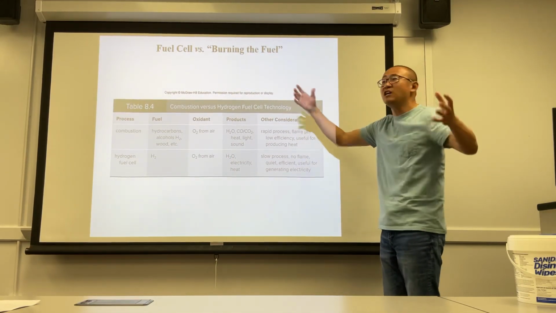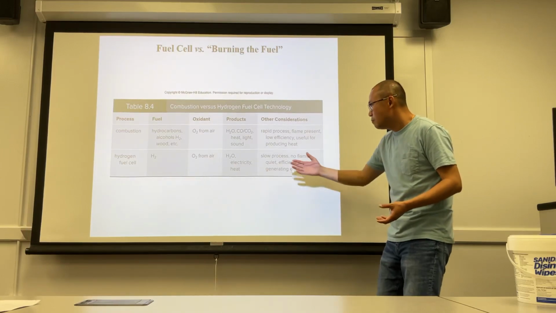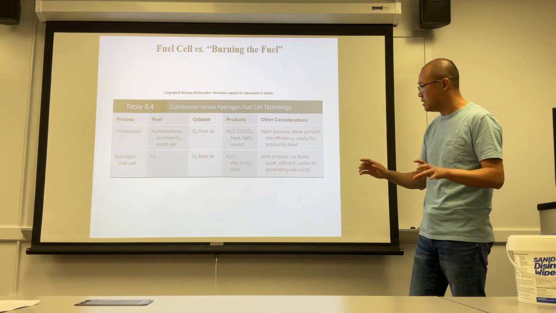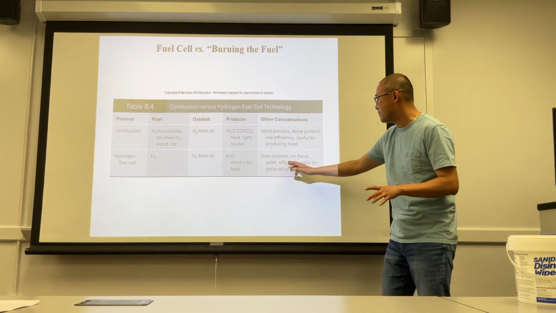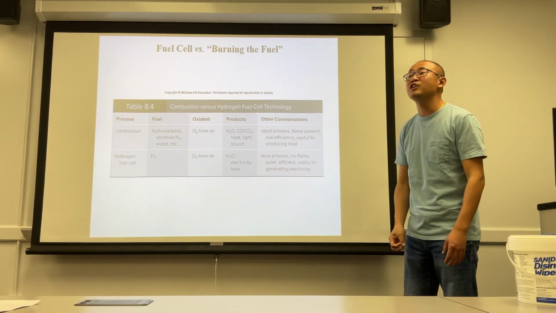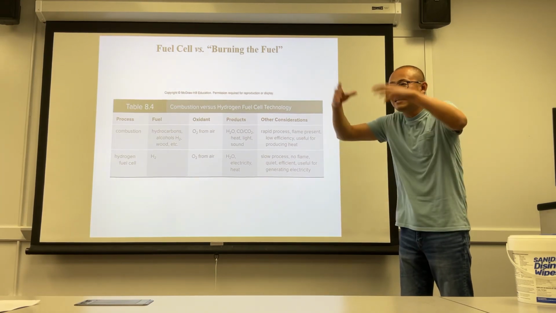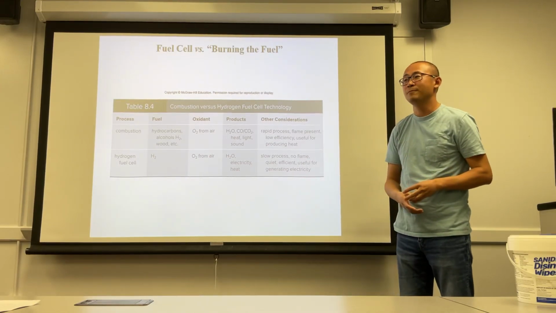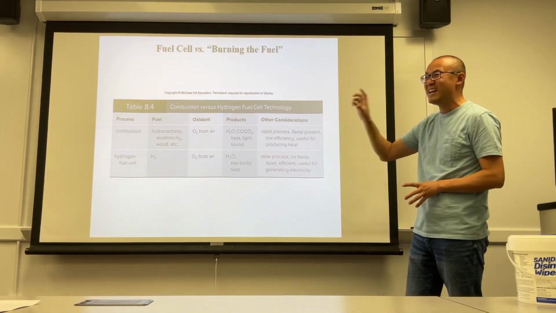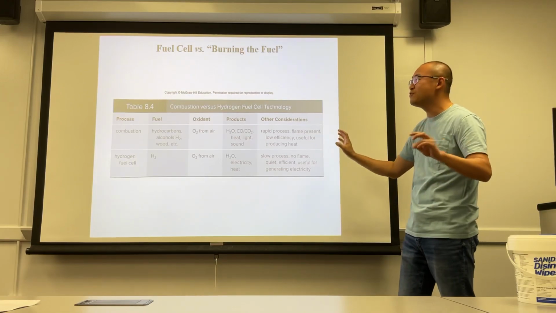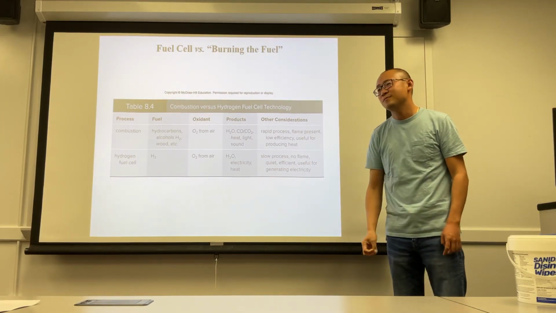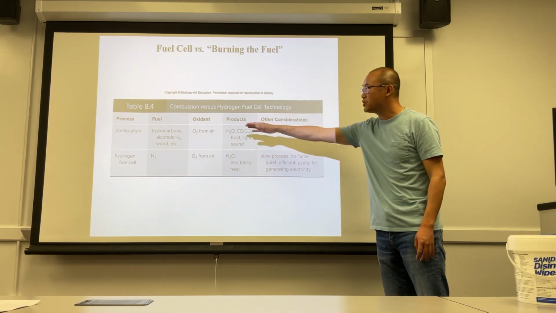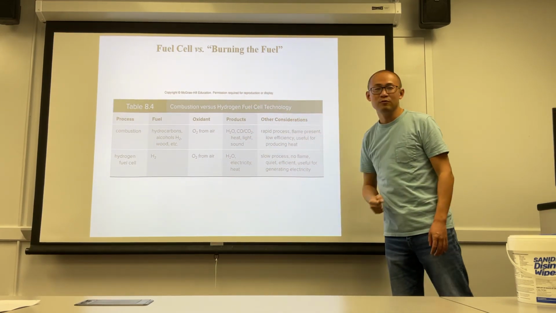It generates a lot of heat that you cannot control. But inside a fuel cell, the process is very slow, smooth, no flame, quiet, efficient, and generating electricity. The energy is not released as heat. The energy is actually converted to electricity. Even though the reaction is the same, they're produced in different ways. Does it make sense? That's the comparison between combustion and a hydrogen fuel cell.